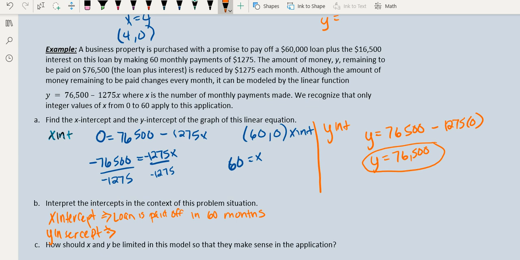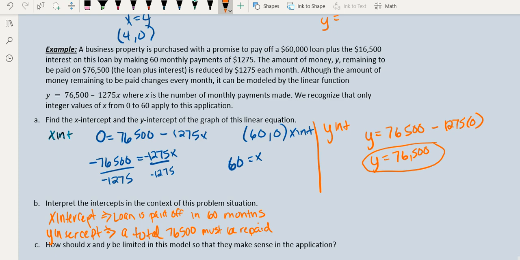So we can say that a total of 76,500 must be repaid. And that's the interpretation that I would get. Okay.